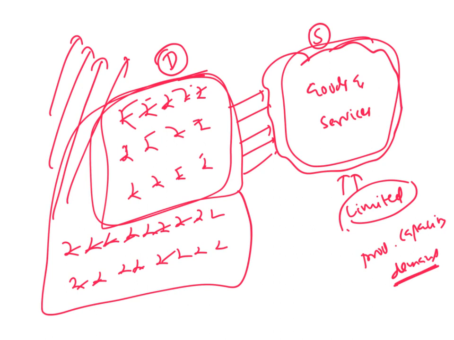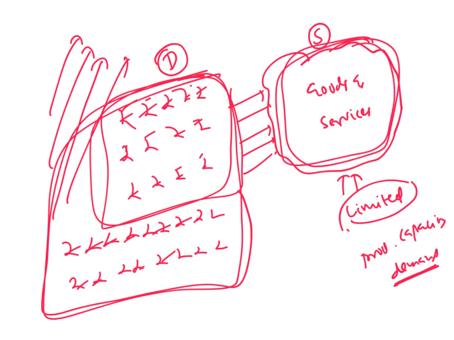It is not possible to instantly increase your production. So when more money is chasing fewer goods and services, what will happen? The demand for each good and service will go up. When it goes up, obviously it leads to a rise in prices, which is called inflation.